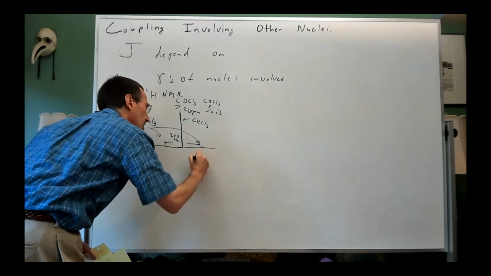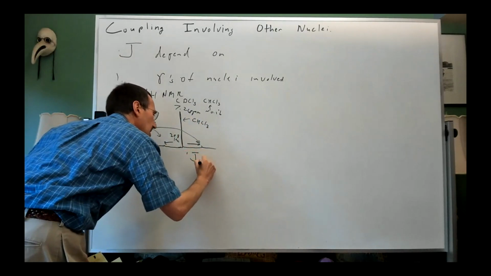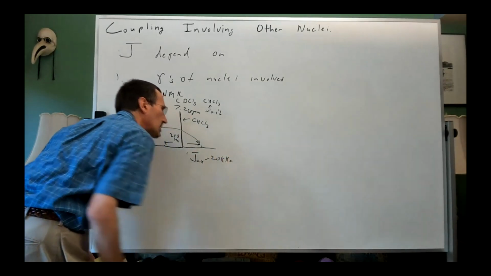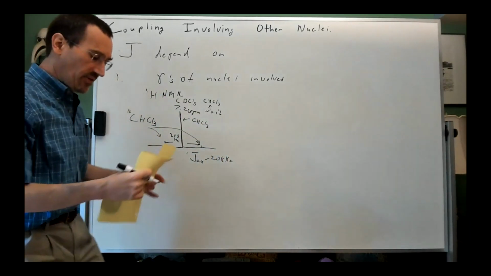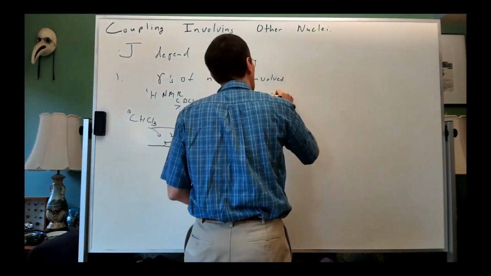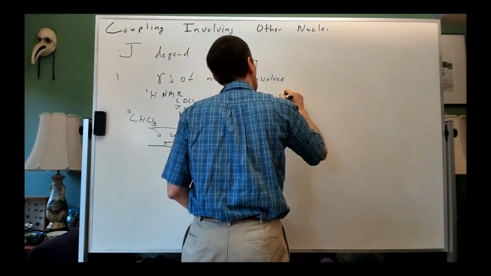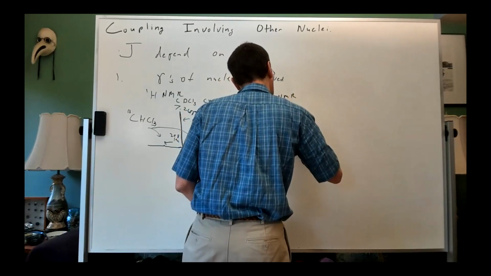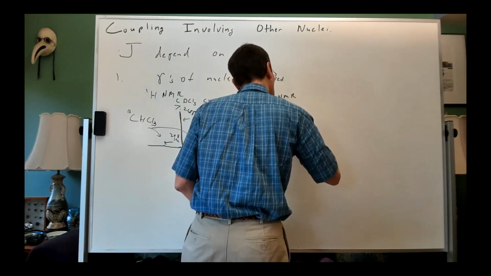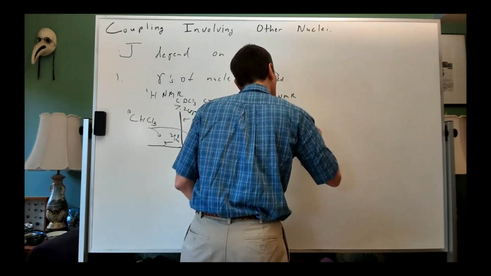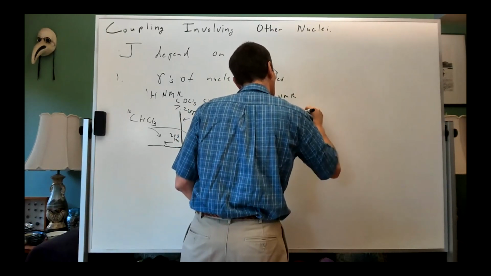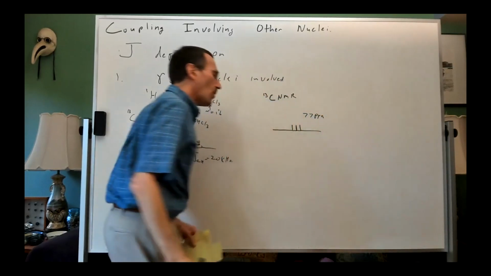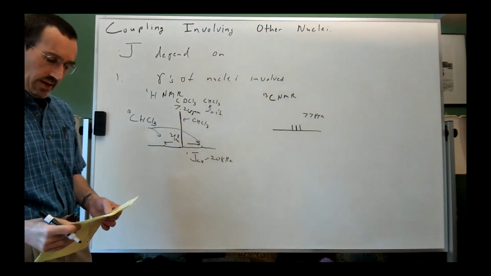So 1J CH in this case equals 208 hertz. And I've already hinted at the difference, and I did want to come back to this. So in the C13 NMR spectrum, you will see at 77 parts per million a 1-to-1-to-1 triplet.